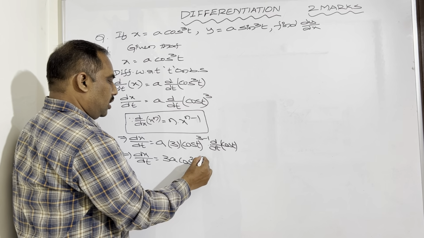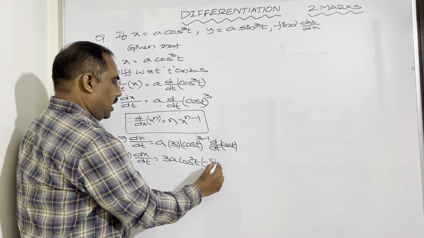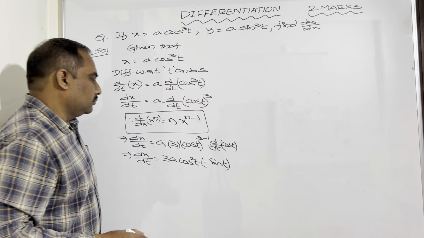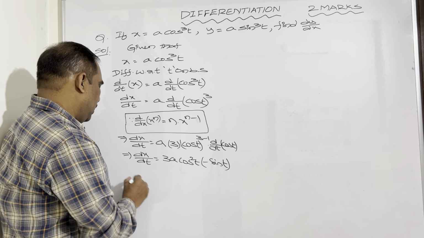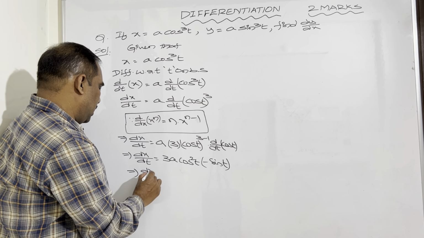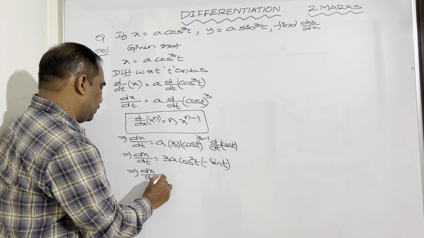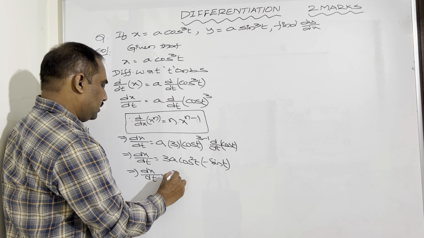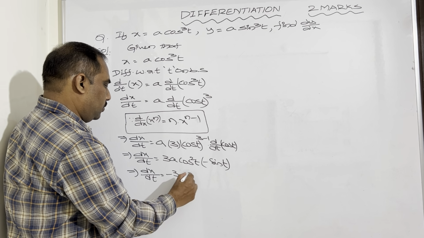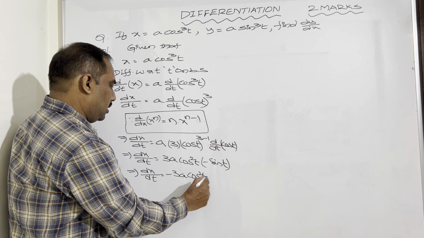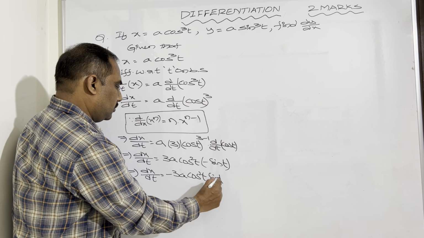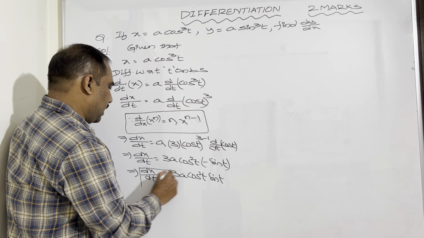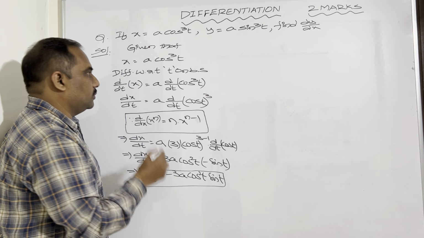Same like that, the derivative of cos t is minus sin t here. Finally we get dx by dt is equal to minus 3a cos square t sin t. So this is dx by dt.